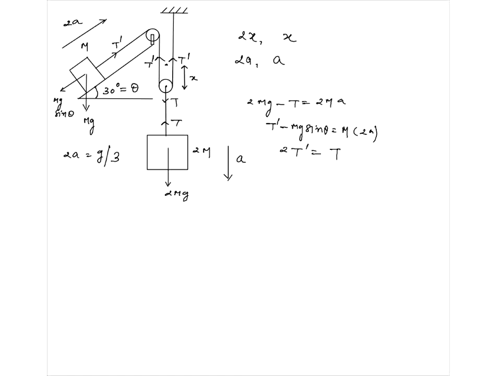Sir, A is g by 6 meter per second square. A you are getting as g by 6. Let me see.